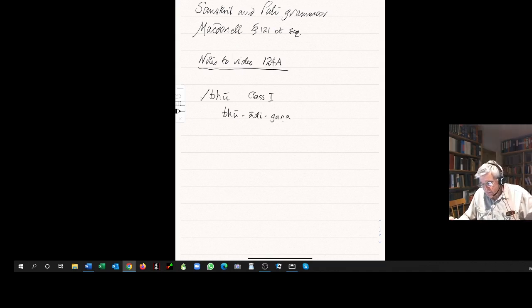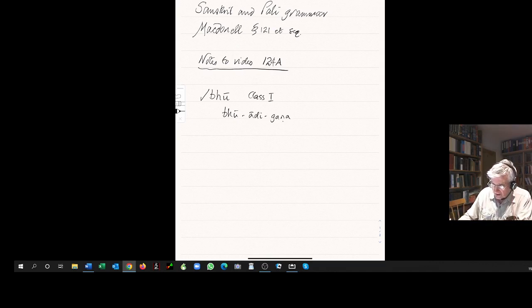As I've explained to you before, in other places, adi literally means beginning. So if you put it at the end of a compound, or compounded with a previous word as bhu adi gana, it means etc. The bhu beginning. In other words, that list of things that begins with bhu.